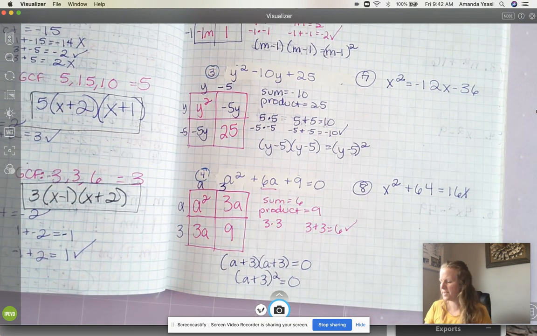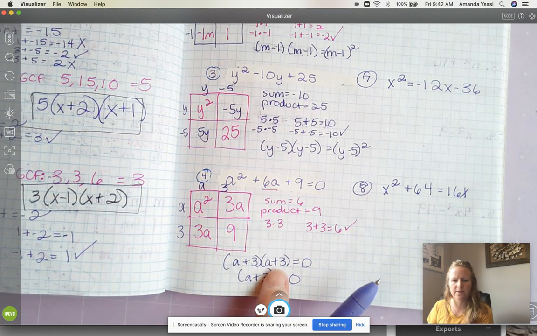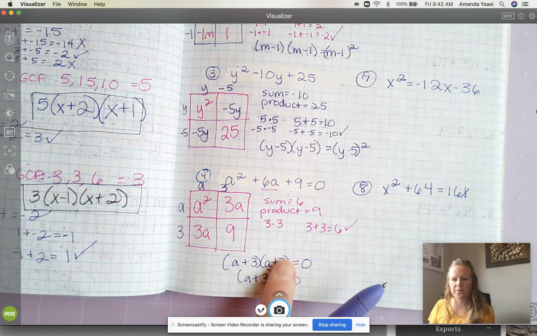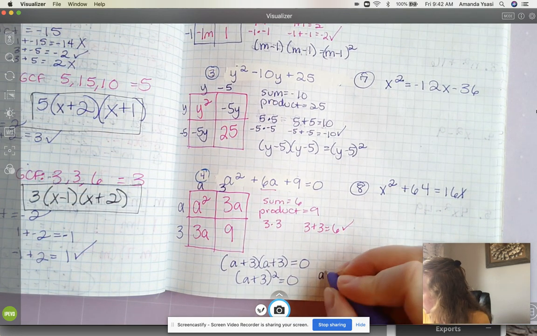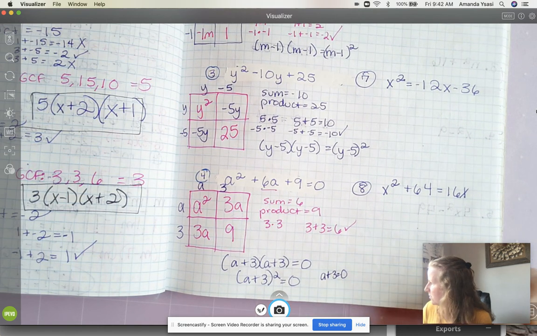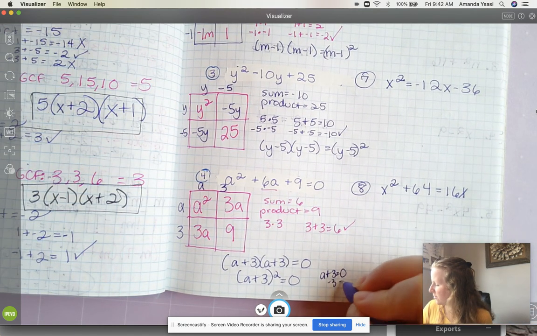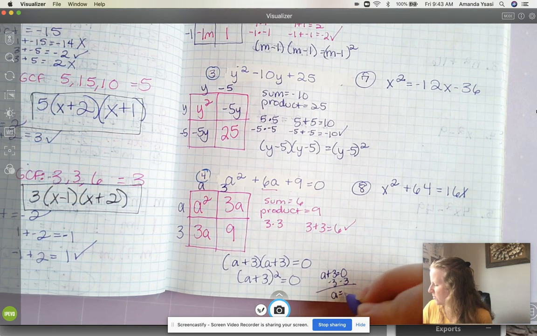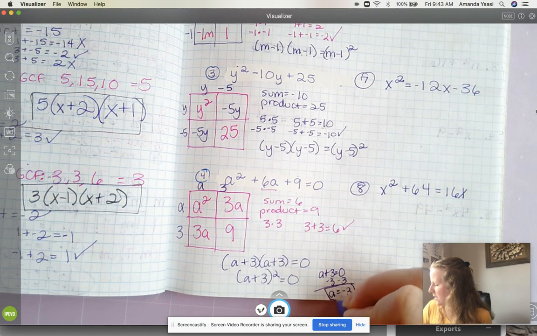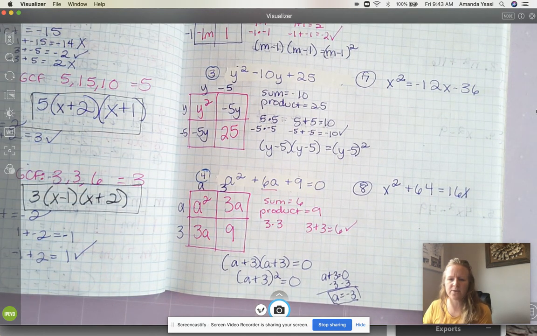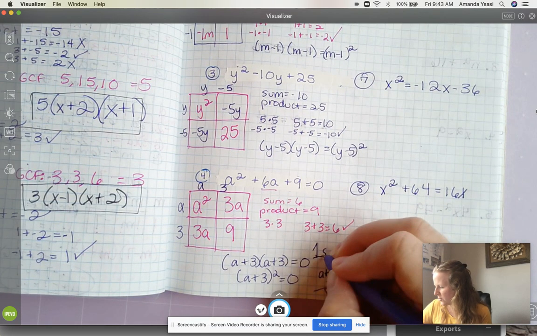But when we solve this, see how we only have one unique solution? It's not two different ones. So we'll just do a plus 3 equals 0. We'll subtract 3 from both sides, and that's a equals negative 3. It's repeated, but you still just write it once. A equals negative 3. There's just one solution.